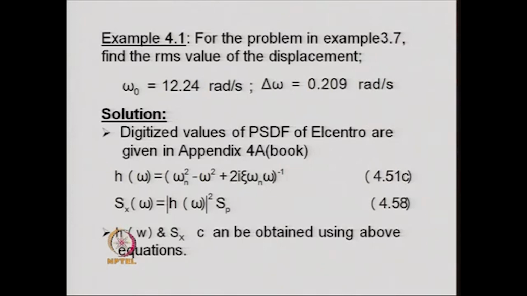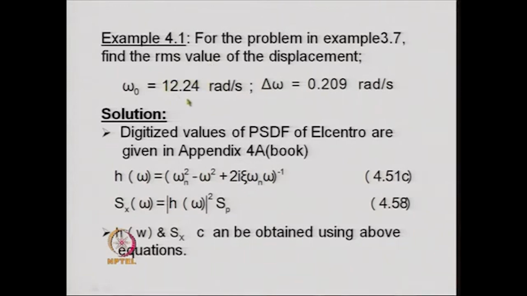Now, let us try to solve a problem, say for example 3.7, the problem in which you have an inclined leg portal frame, and we had one sway displacement at the top.